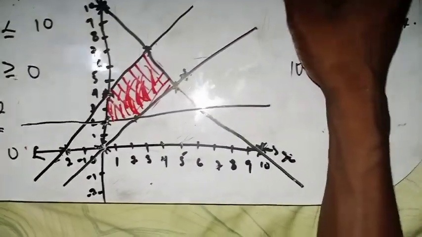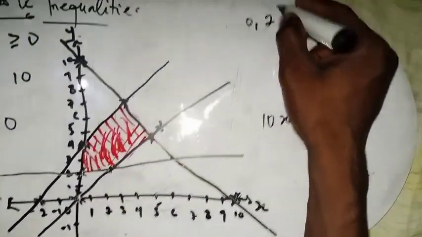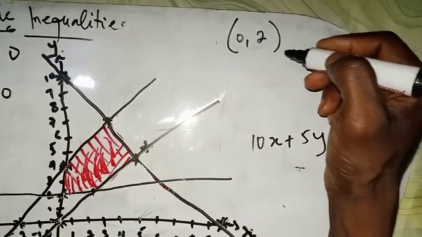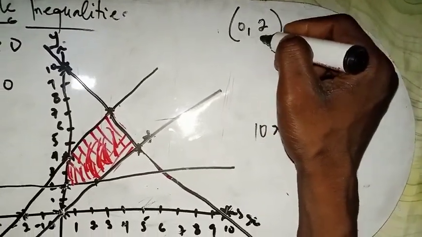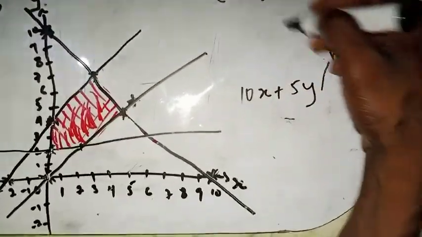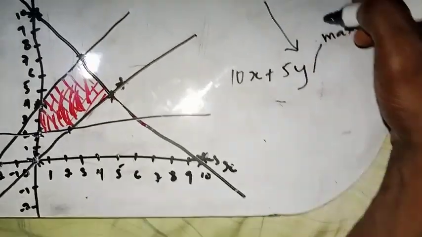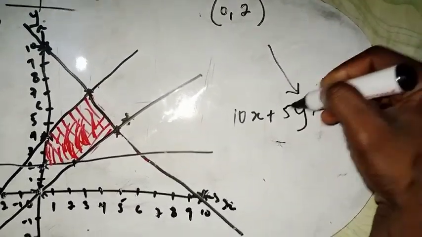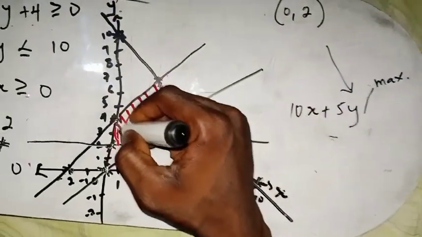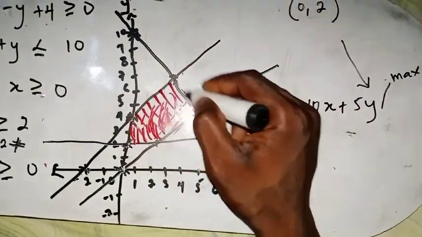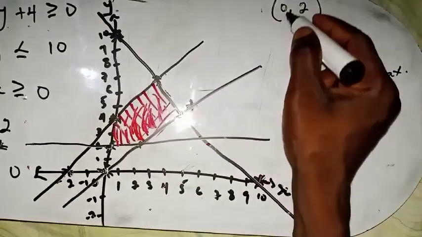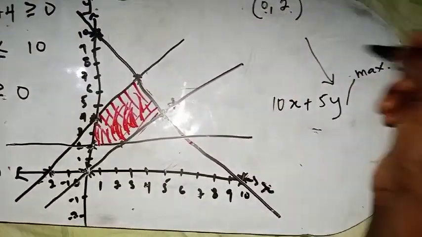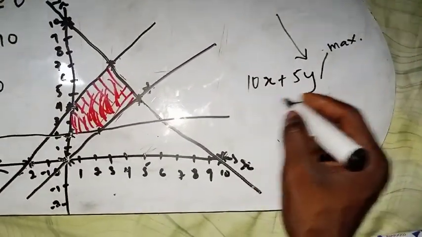If you pick this vertex, you take it and plug it inside the expression that is to be maximized. We want to determine all the corners of this boundary. I have one corner to be 0 2, so pick this 0 2 and plug it into this definition.